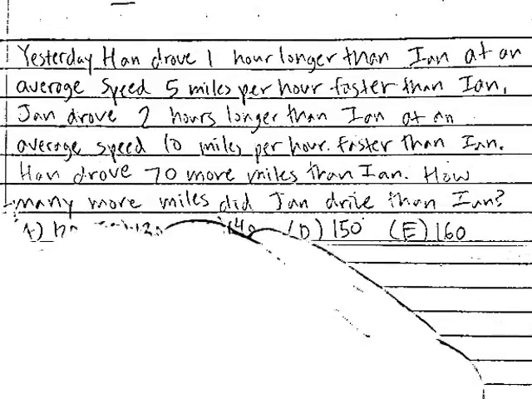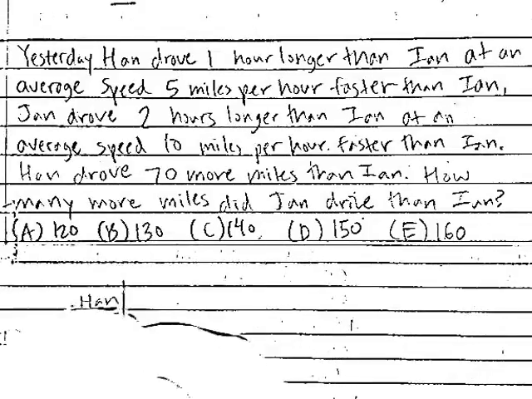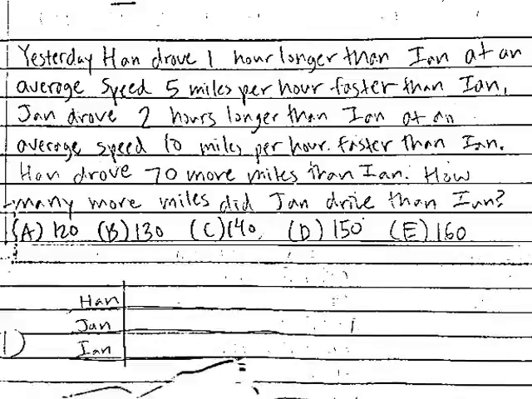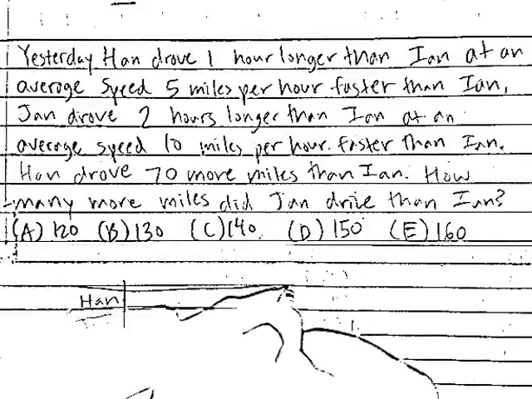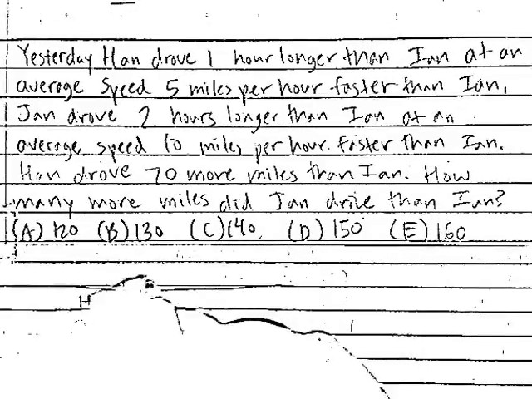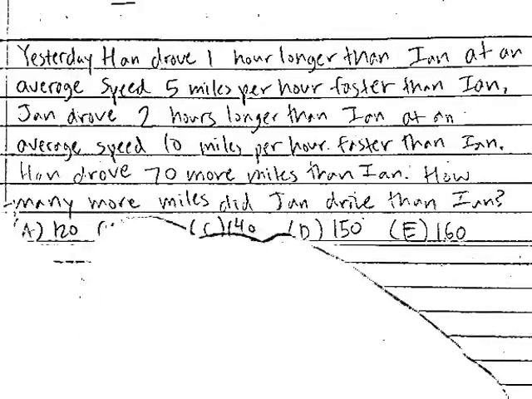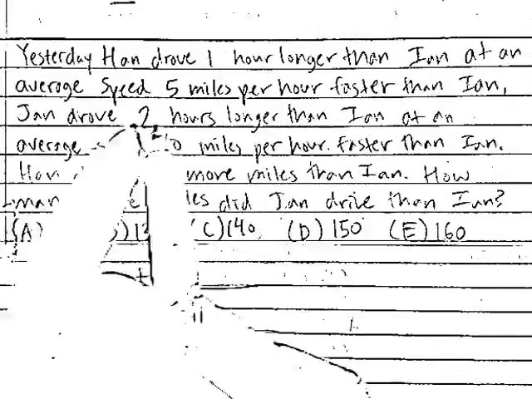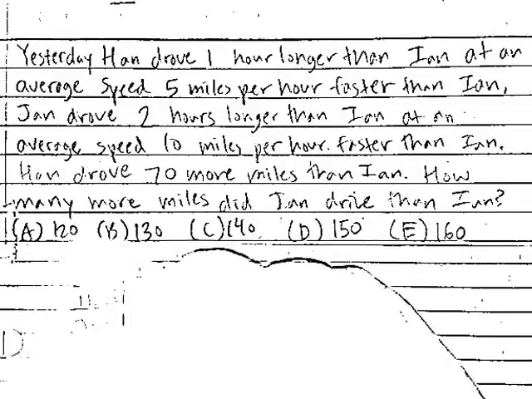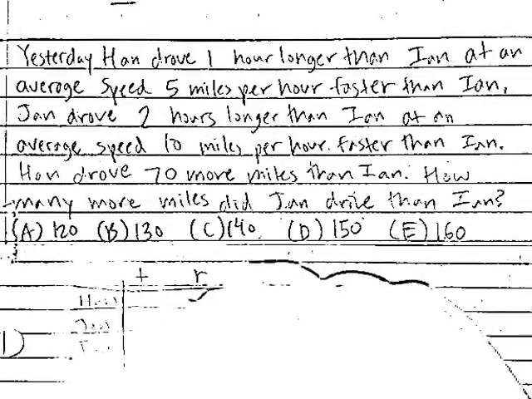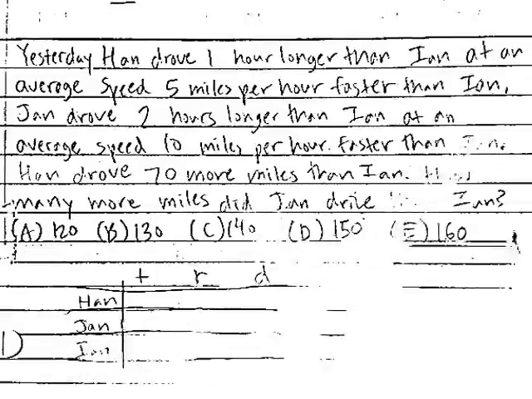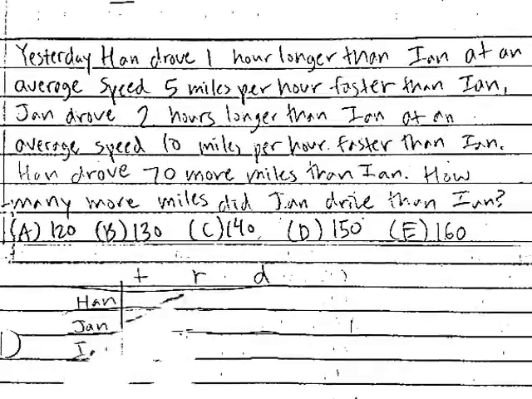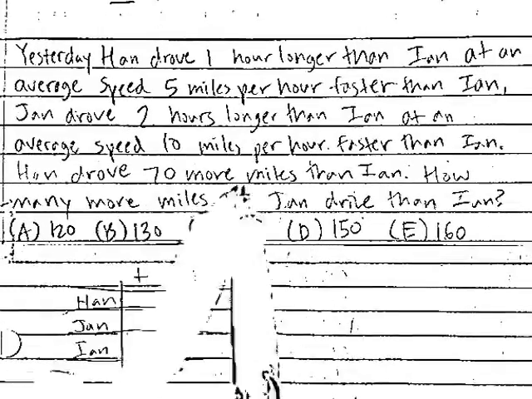I'm going to do it like this. And up here I'm going to put the time and the rate. Time, because it's 1 hour longer and 2 hours longer. Time, rate, and distance.